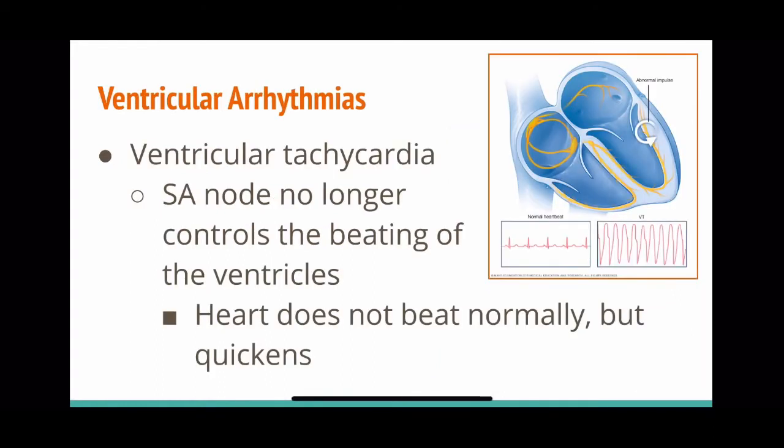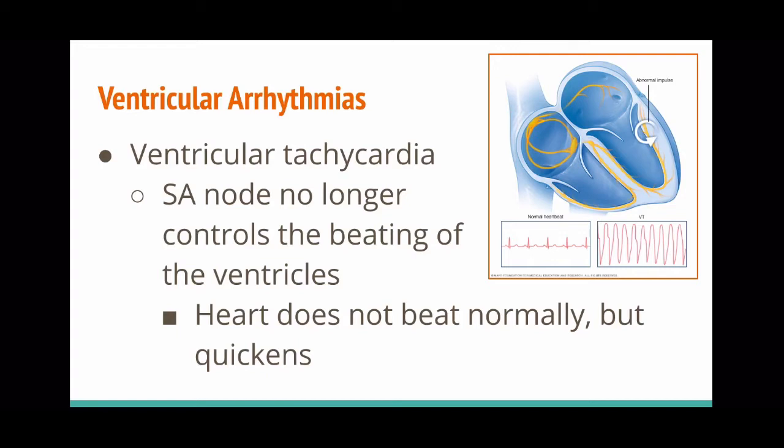So we are going to get into the first category of arrhythmias that are known as ventricular arrhythmias. So these are going to be irregular heartbeats that are coming from or caused by the ventricles of the heart. So like I mentioned a few seconds ago, the first one we are going to talk about is ventricular tachycardia.